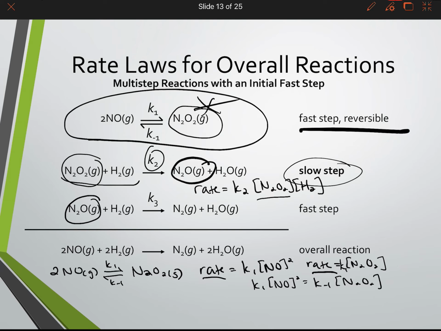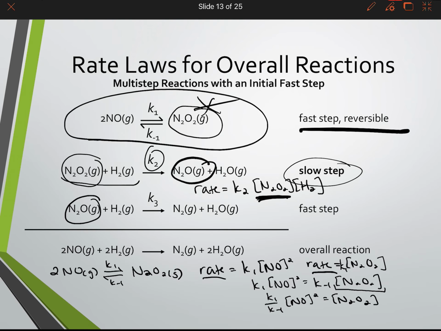Now, I want to replace that in my equation, so I'm going to put that on one side of my equality and put everything else on the other side. So I'm going to divide both sides by K-1. So I get K1 over K-1 [NO]^2 is equal to [N2O2].